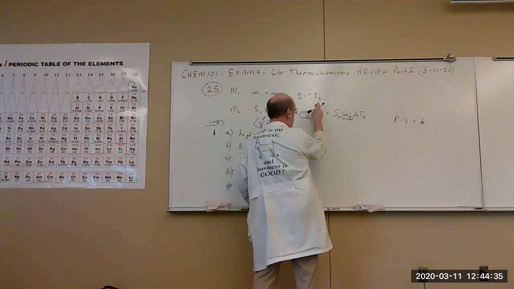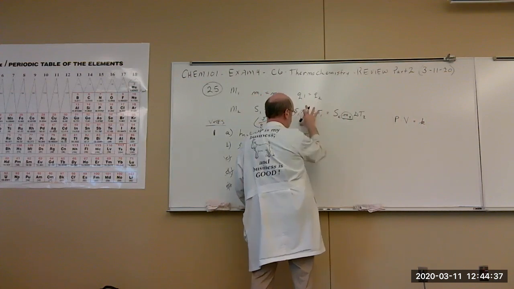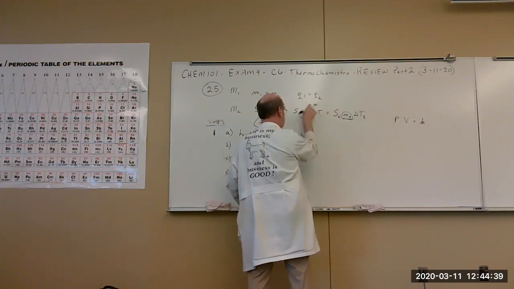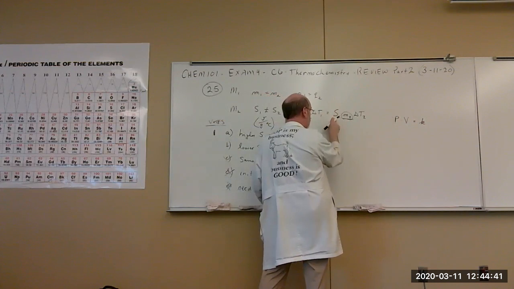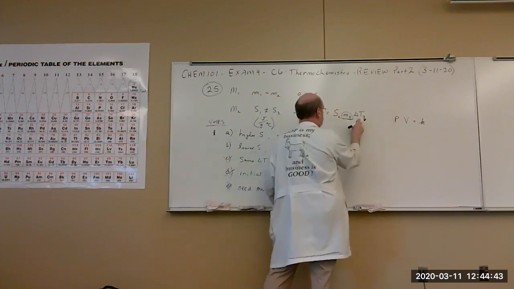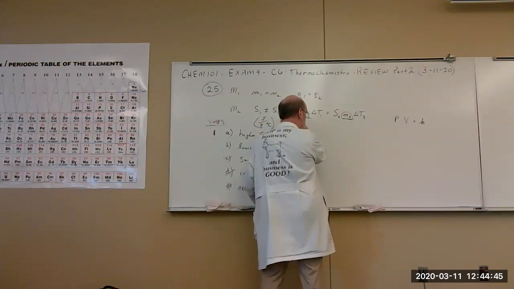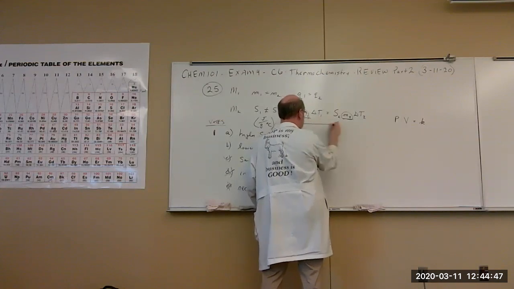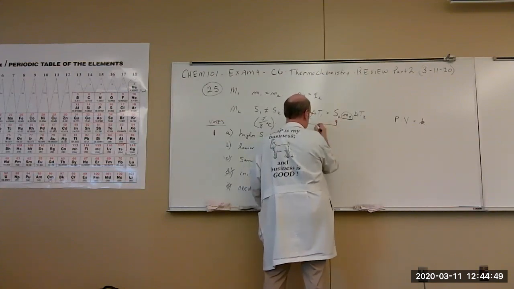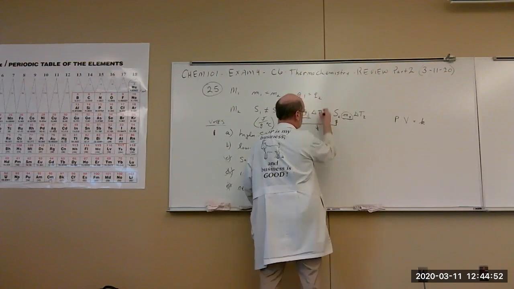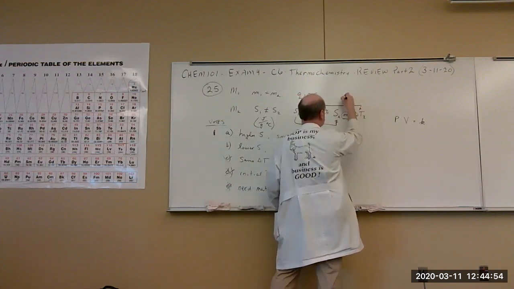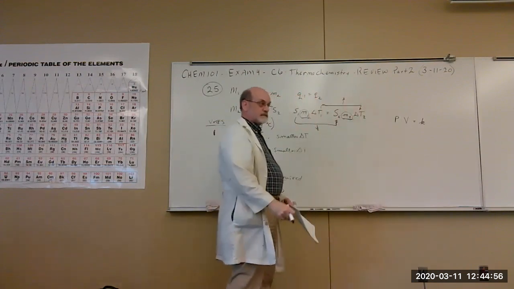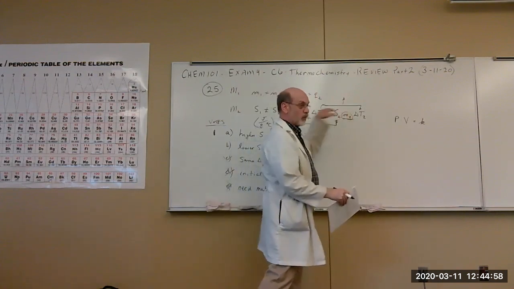If this one goes up and that one goes down, this one starts here and goes down there. This one starts here, that one has to go up. If this one goes down from here to here, if that's a decrease, then this one has to increase for them to be equal.